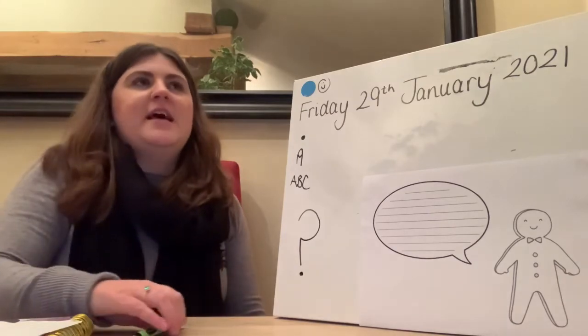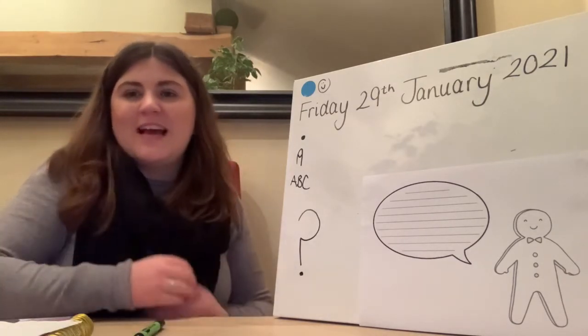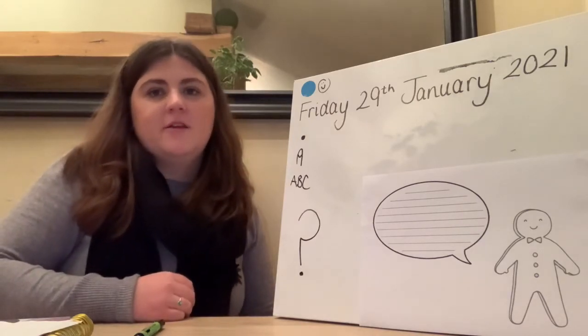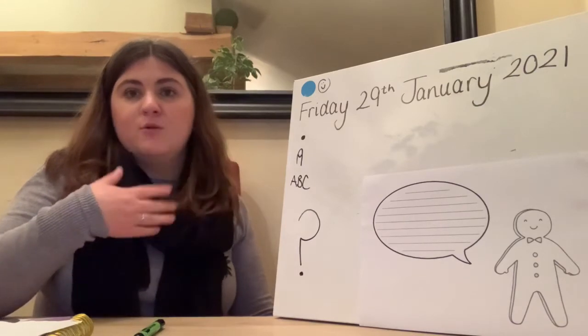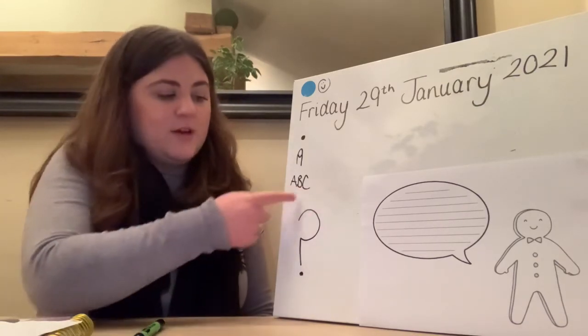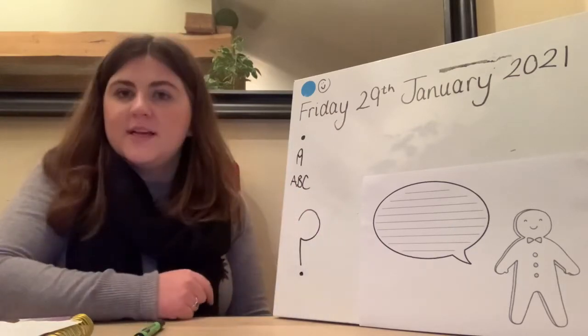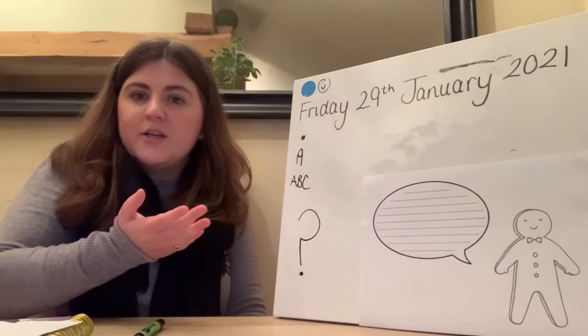So if I say, what did you have for breakfast? That is a question I am asking you. Okay, I want to find out something about you. I want to find out what you have for breakfast. Okay, that's when I would use a question mark. Or I might say, like I did at the beginning of the video, how are you today?